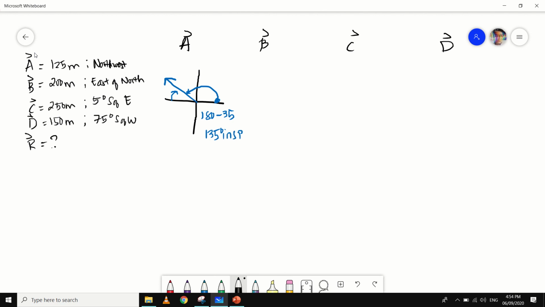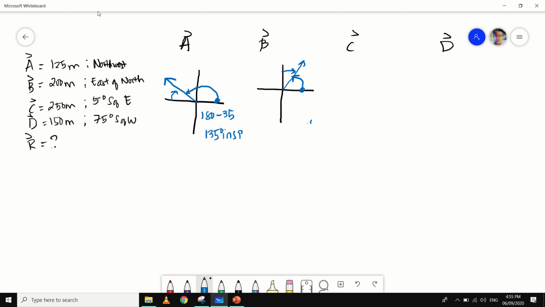Okay? Next is east of north. So, from north going to east, it is here. To get the standard position, we subtract 90 minus 30. So, this angle is 60 degrees, no, 25 actually. Okay, that was wrong. It wasn't written here.